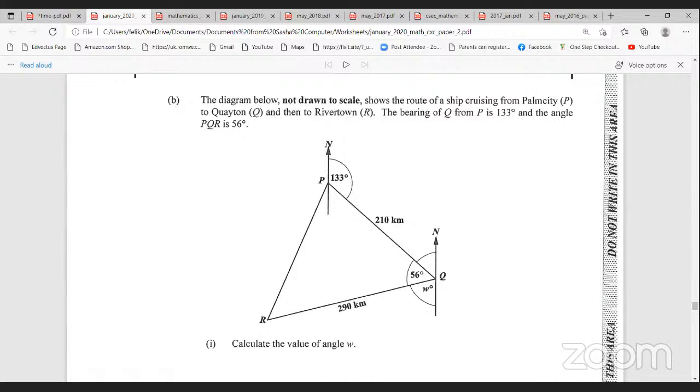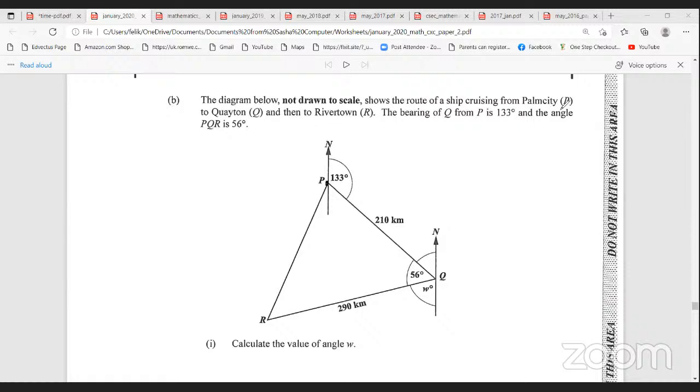The diagram below, not drawn to scale, shows the route of a ship cruising from Palm City to Quaton and then to Rivertown. So we can see Palm City here.